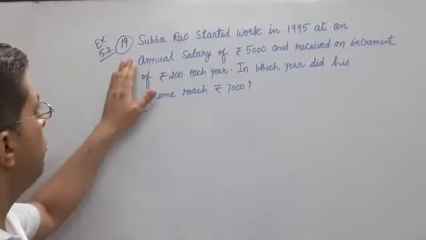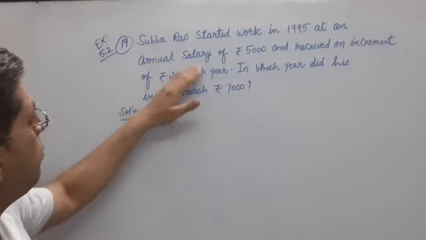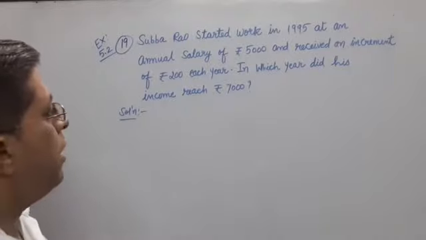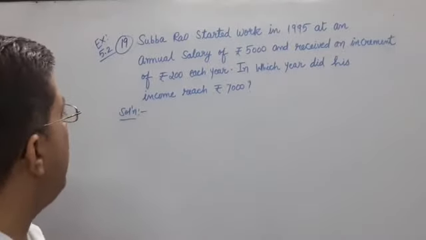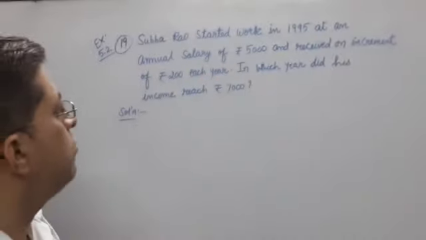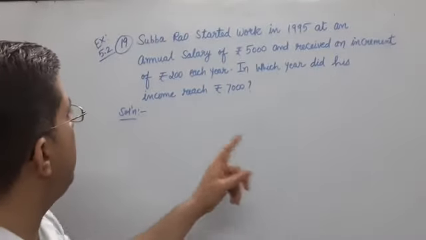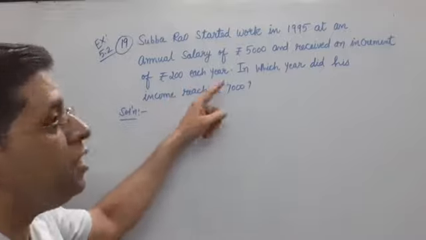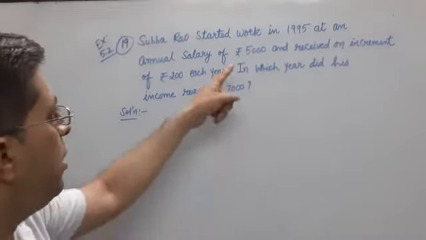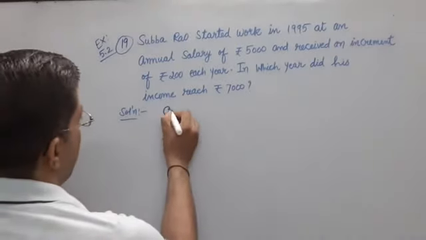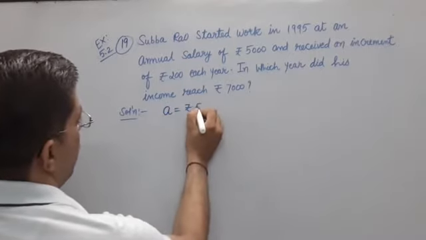Exercise 5.2, question number 19. Subbarao started work in 1995 at an annual salary of rupees 5,000, and received an increment of rupees 200 each year. Annual salary means A is given to you, 5,000.